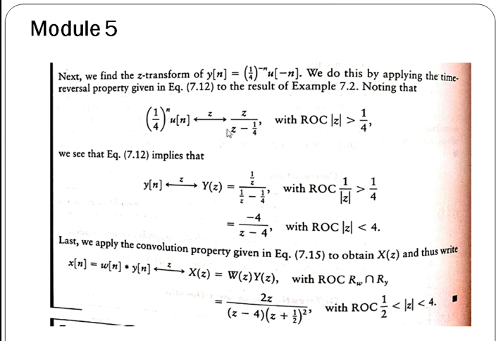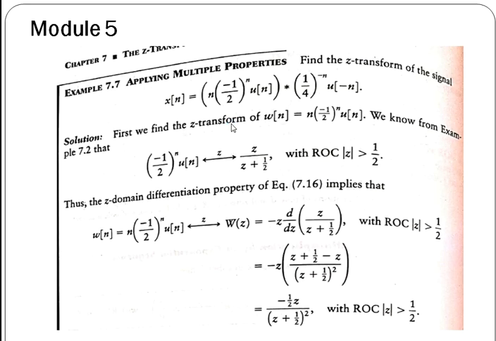We consider that the z transform of x of n is x of z. But in our problem, we have minus n in these places. If the z transform of x of n is x of z, then the z transform of x of minus n is x of 1 by z.